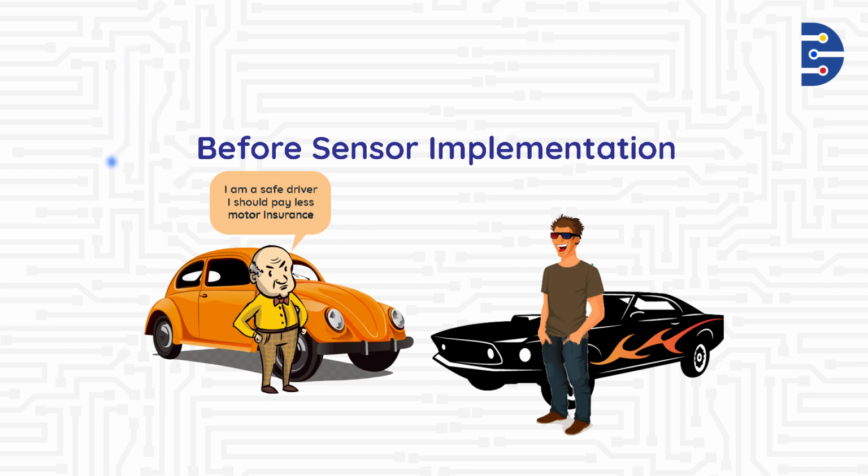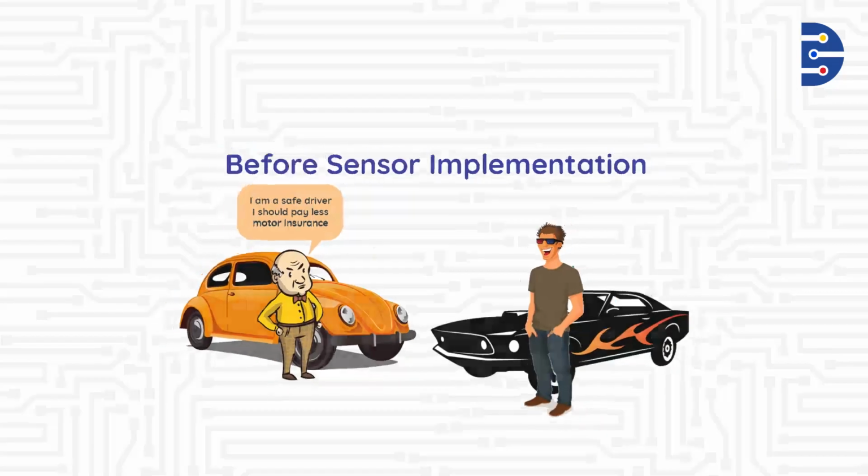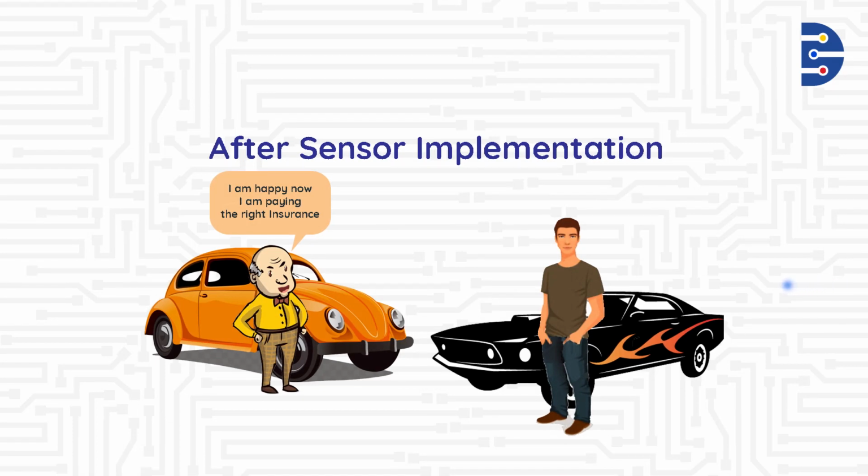However, their driving behavior is not considered while deciding the premium. In fact, the driving behavior is the most crucial parameter for deciding the motor insurance, but it has not been taken into consideration yet.